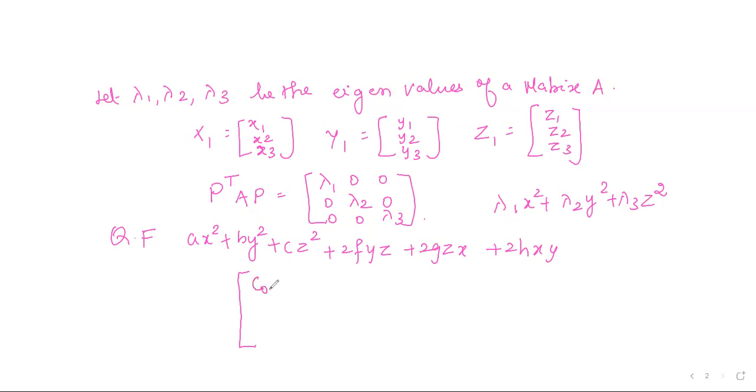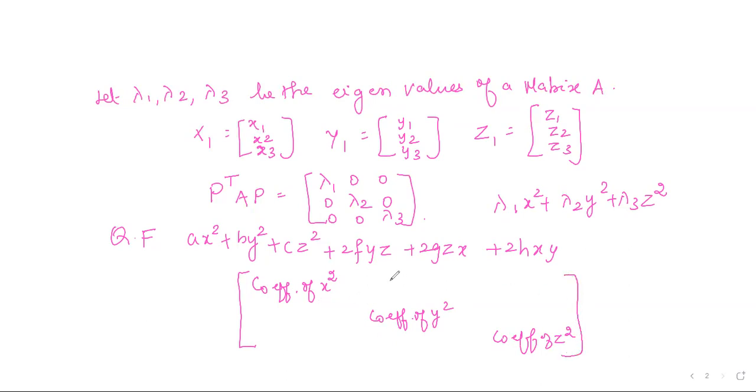To write down the matrix form, we follow this procedure. The diagonal elements are the coefficient of x square, the coefficient of y square, and the coefficient of z square.